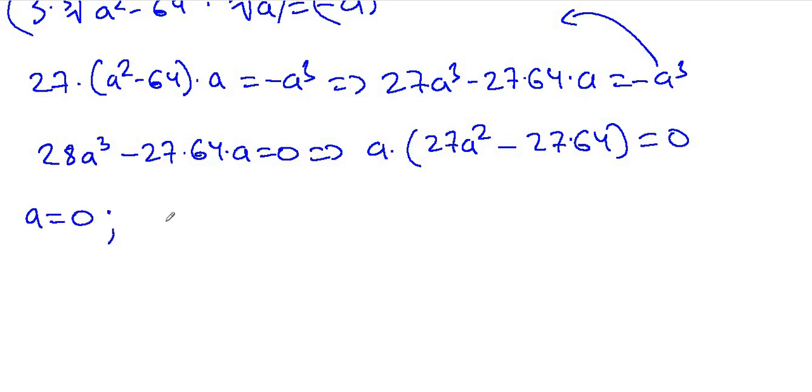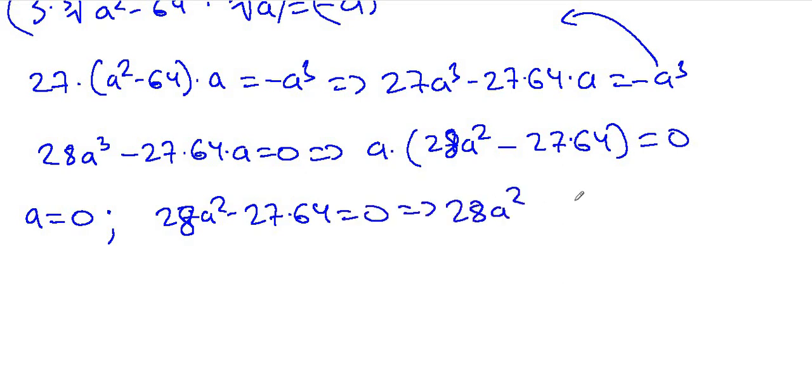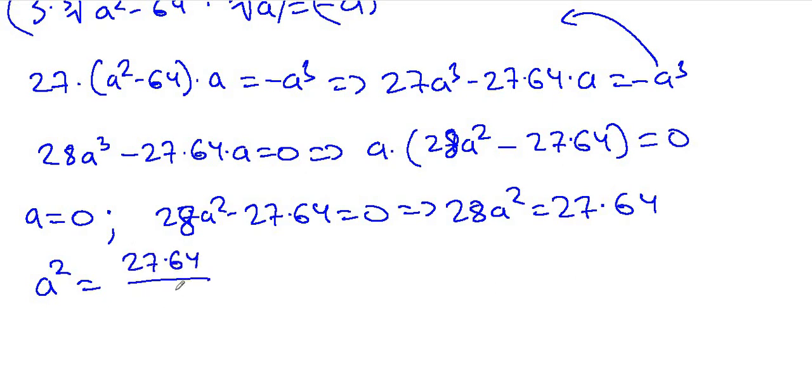And the second one is 28a squared minus 27 times 64 is equal to 0. Now this is going to be equivalent to 28a squared is equal to 27 times 64. And here, solving for a squared, I will get a squared is equal to 27 times 64 divided by 28.